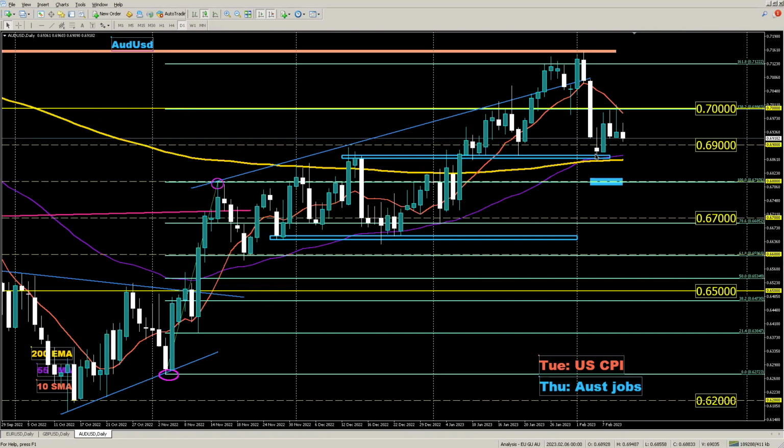So after a dip below, right into the support zone on Monday, there was a gap down below the 69 and it hit the daily 200 and the confluence with the daily 55 EMA here as well.